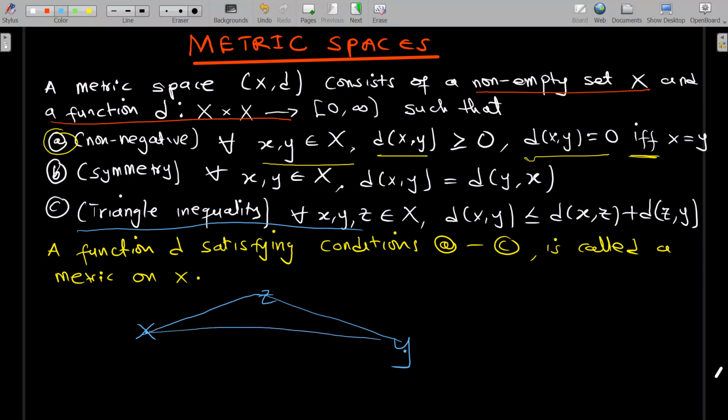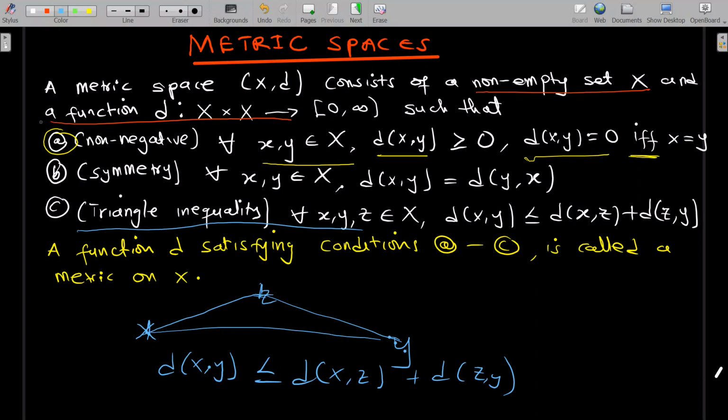What the triangle inequality says is that the distance you move from x straight to y is always less than or equal to the distance you move from x to z together with z to y. So the metric d(x, y) is always less than or equal to d(x, z) plus d(z, y). That means you move from x to z before moving from z to y. That's the whole thing about metric spaces.